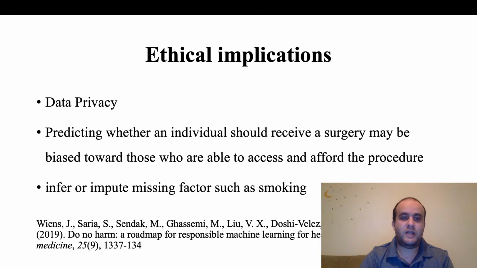Other challenges are ethical challenges related to data privacy, especially for healthcare. You have information about patients, and that needs to be de-identified in order to process it in a good way.